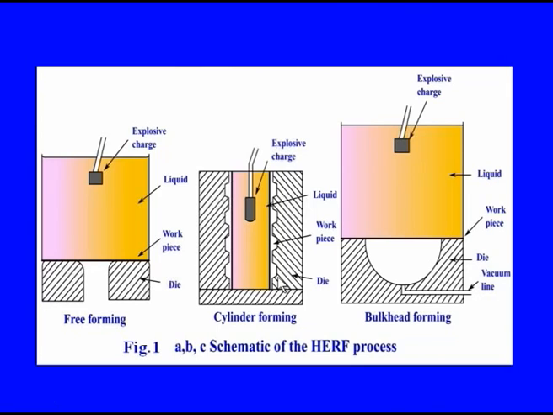Similarly, suppose a dome is to be produced, a hemisphere sort of dome, then the sheet is placed like this. This is the medium in which the explosion will be taking place, and the sheet will plastically get deformed and take the shape of this die like this.